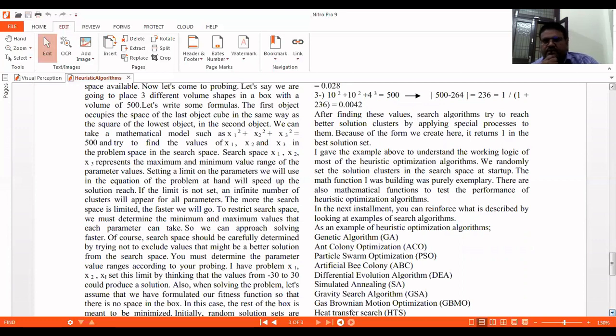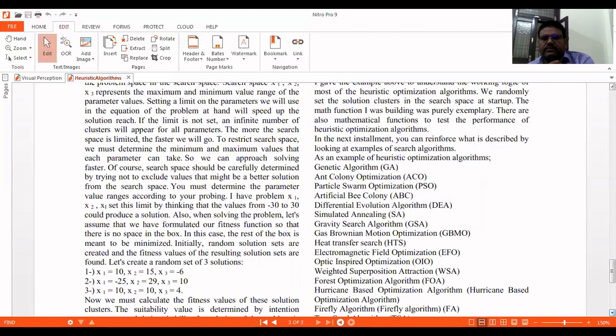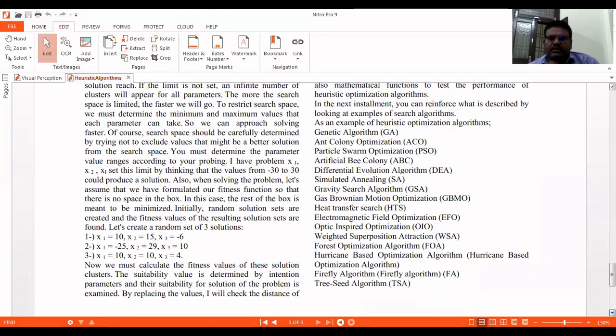Examples of heuristic optimization algorithms are genetic algorithms, ant colony optimization, particle swarm optimization, artificial bee colony, differential evolution algorithms, simulated annealing, gravitational search algorithm, gas Brownian motion optimization, heat transfer search, electromagnetic field optimization, weighted superposition attraction, forest optimization algorithm, hurricane-based optimization algorithm, firefly algorithms, and tree seed algorithms.